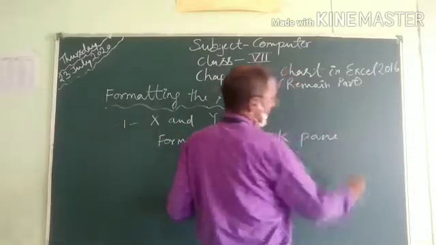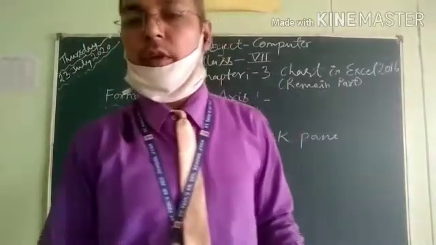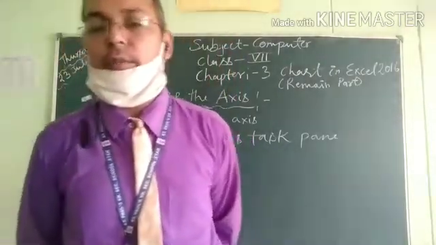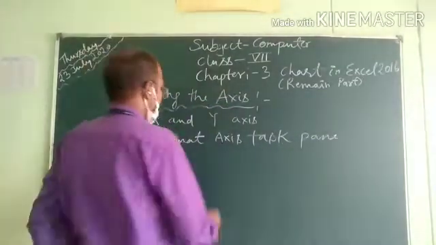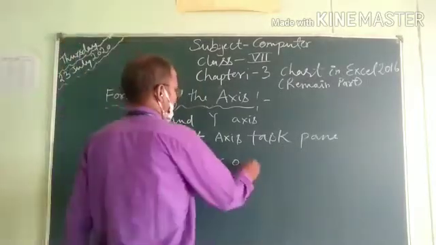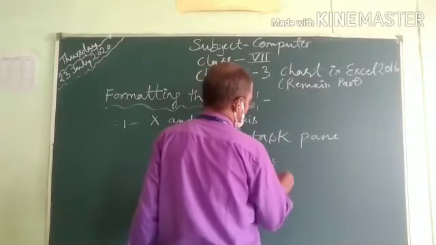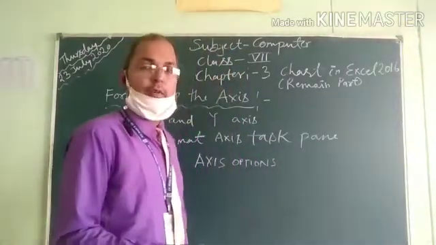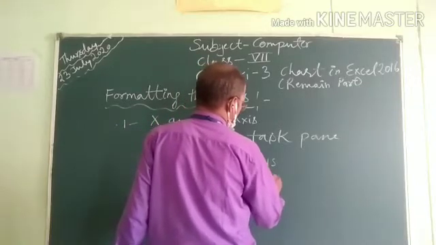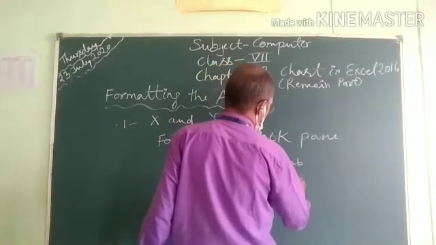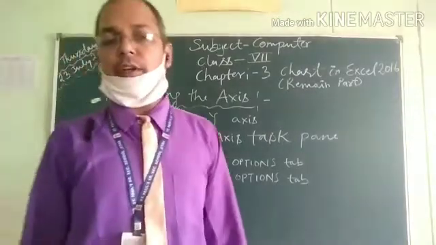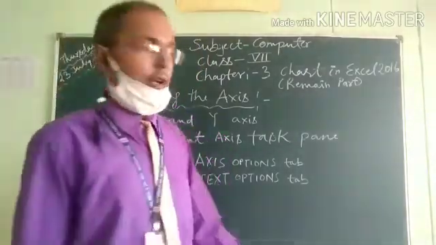On the right side of the picture, it has two tabs: the Axis Options tab and the Text Options tab.